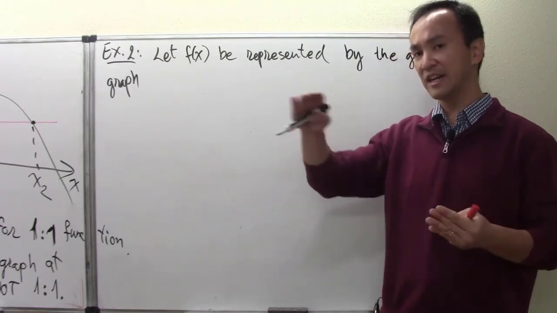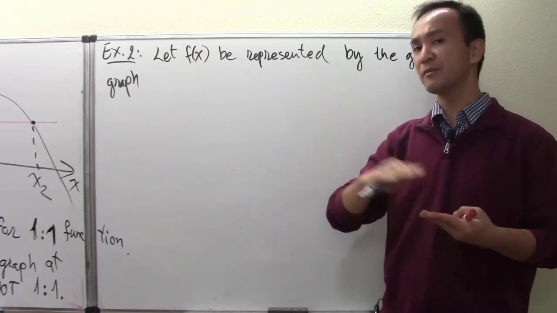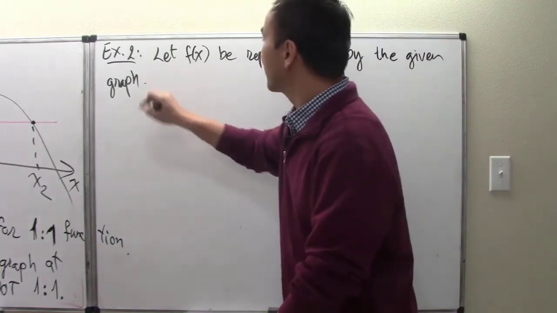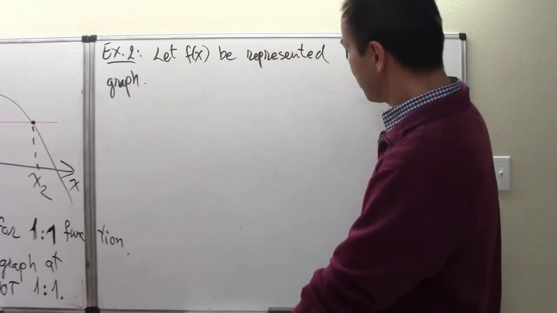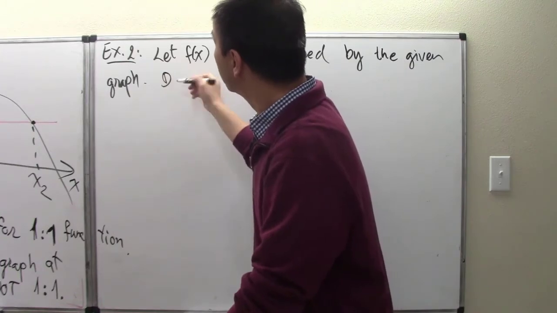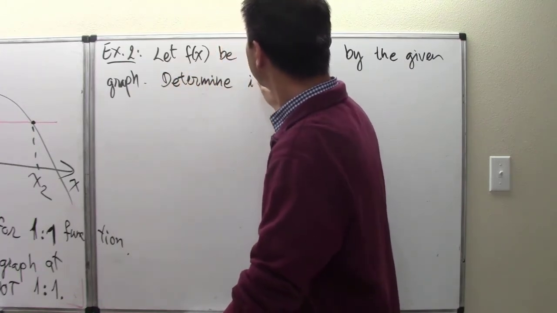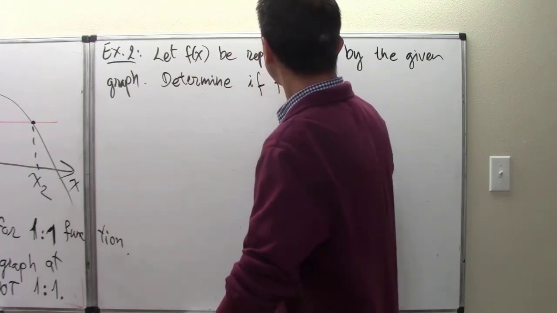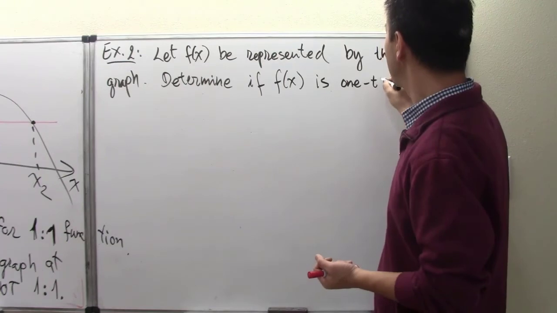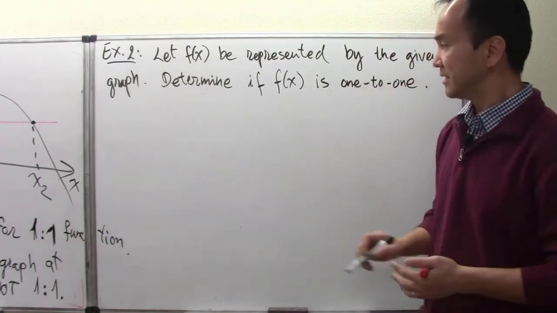It's an opportunity for me to show as many problems of a similar kind in one example. So now let f of x be represented by the given graph, and we want to determine if f of x is 1 to 1. All right, nice and short.